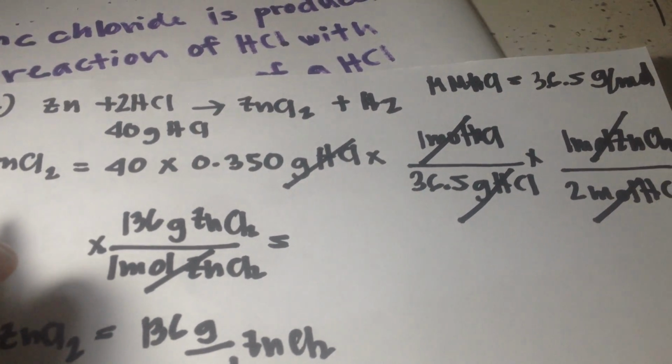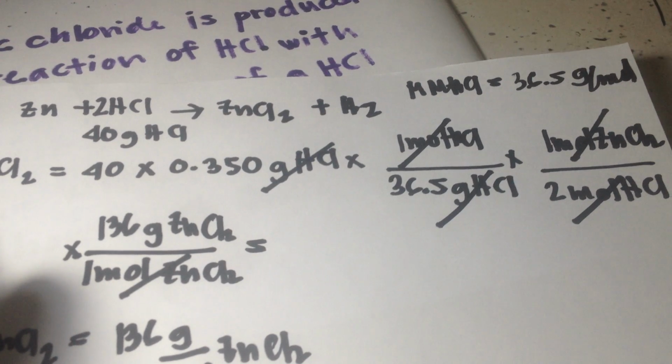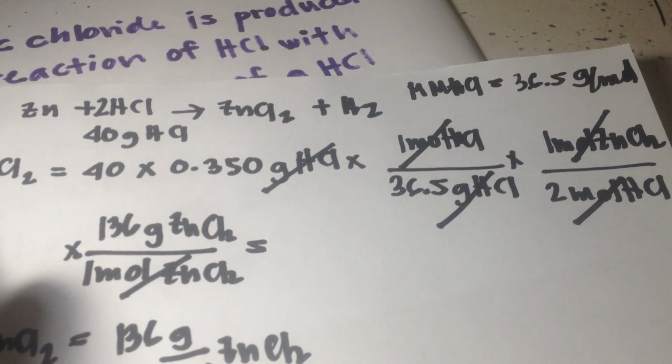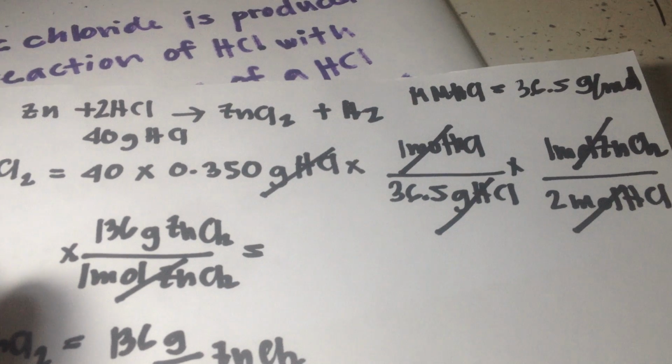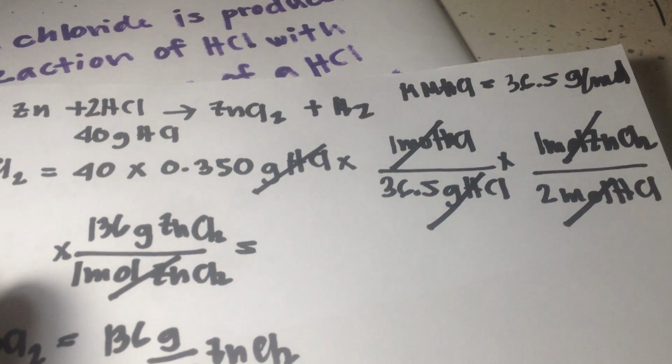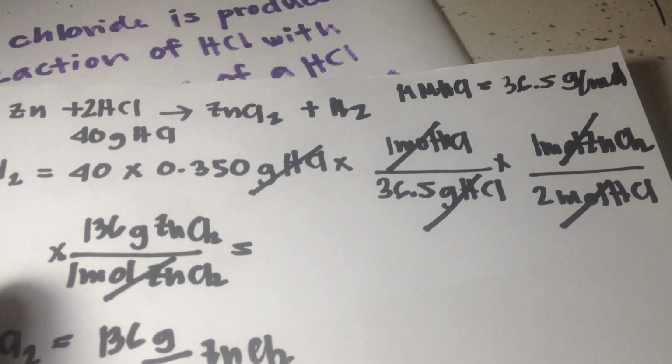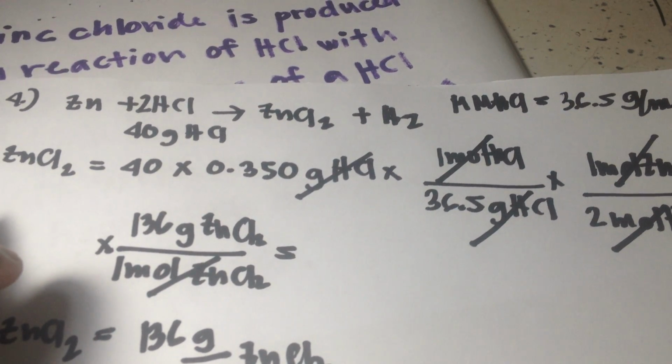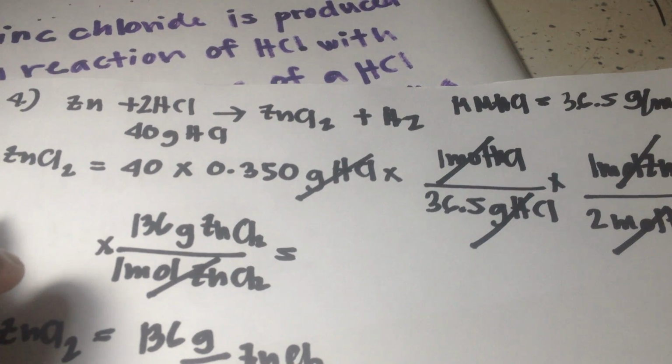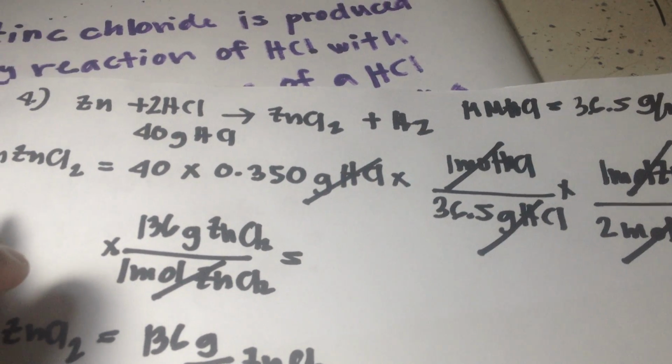So 40 times 0.35 times the molecular weight 36.5 times 1/2 times 136 grams of zinc chloride.